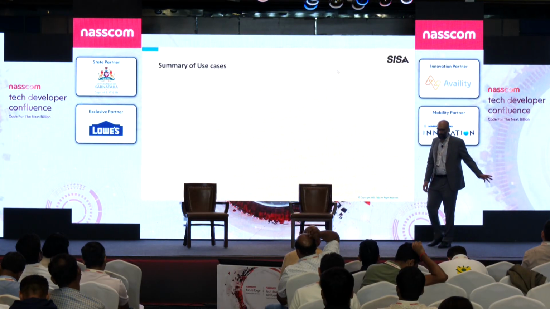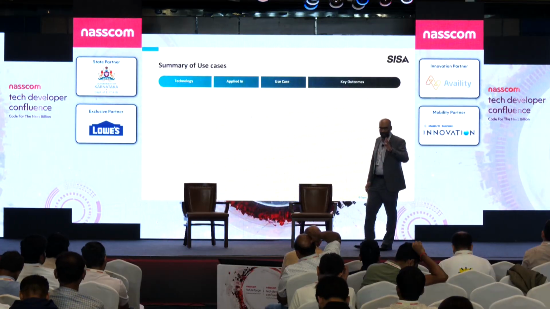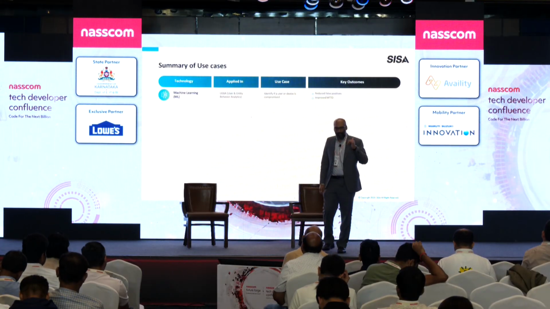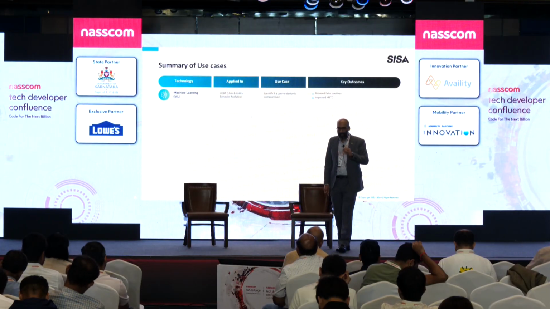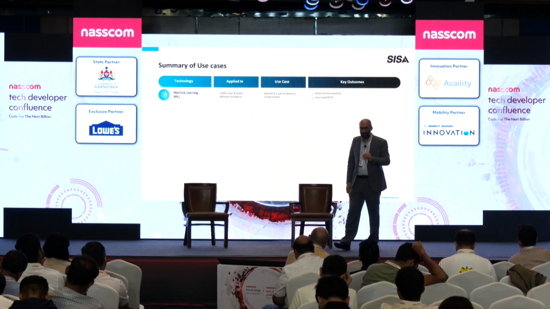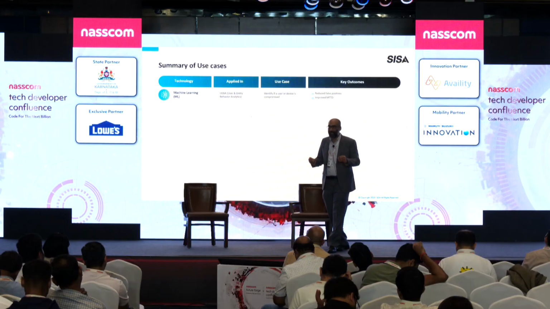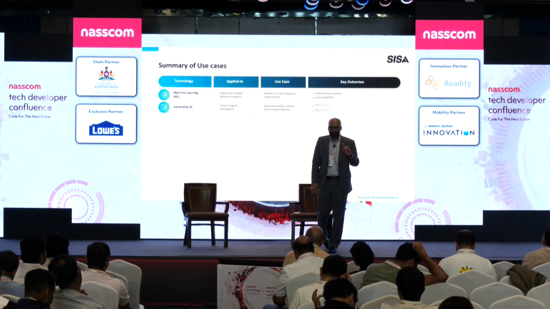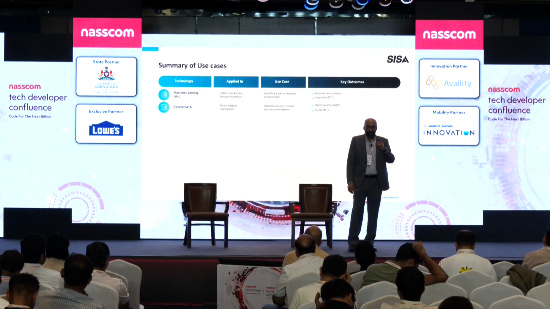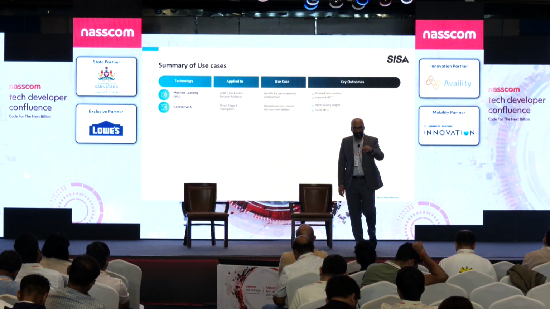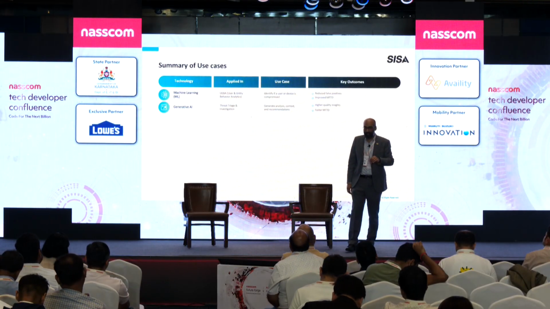So to summarize, a quick summary of all the use cases. Machine learning for UEBA: the benefit here is reduced false positives and improved time to detection. GenAI for triaging and investigation: I showed you the analysis, recommendation, everything.